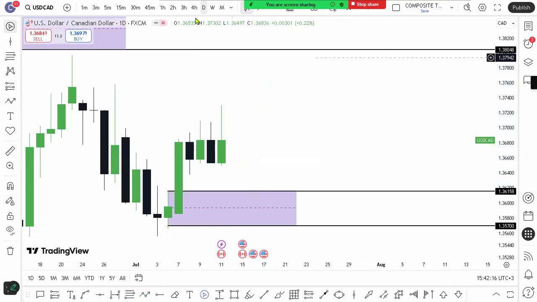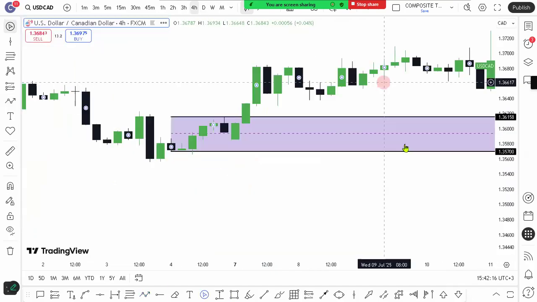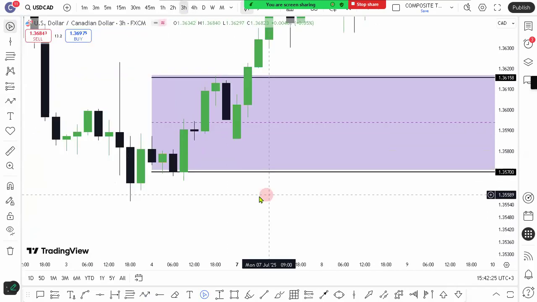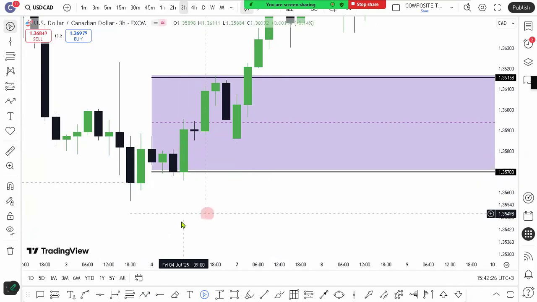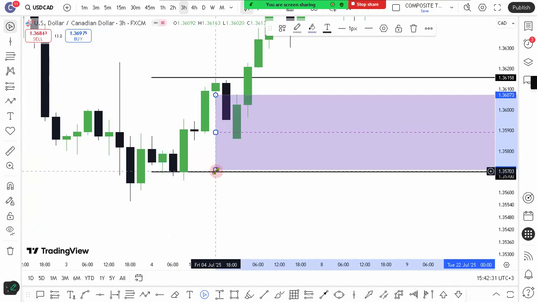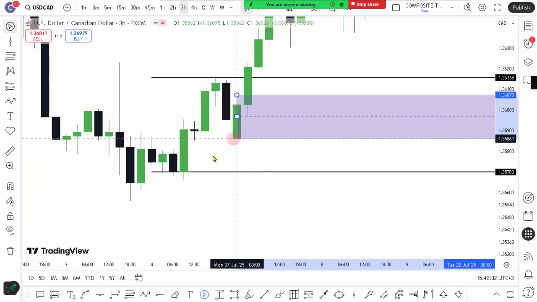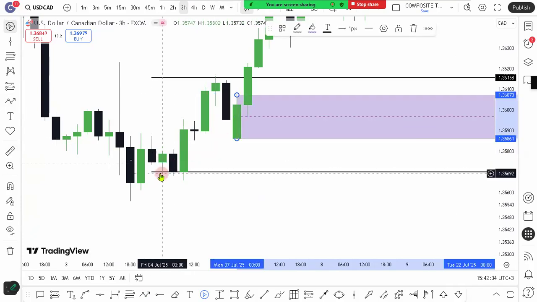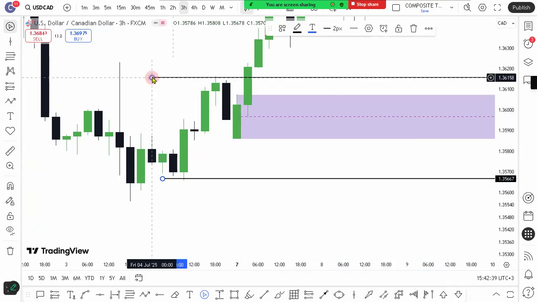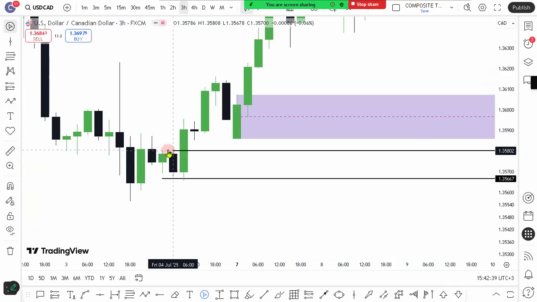So guys, that is an area you can monitor. Let me take you to the 4 hours, give you a finer area. This 4 hours is not really good. Let's go to 3 hours. So in 3 hours, I think you can monitor this area. Though this one at the lower looks better. This one at the bottom, it's better. This one, I like this one.